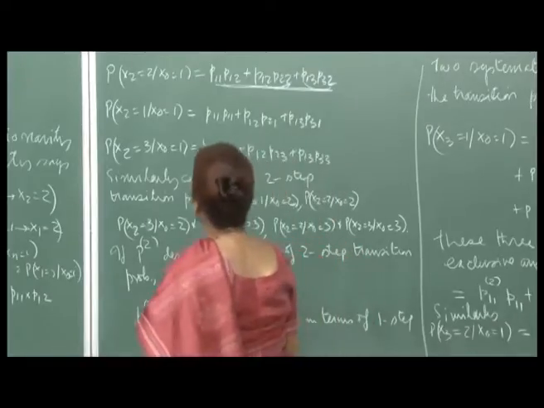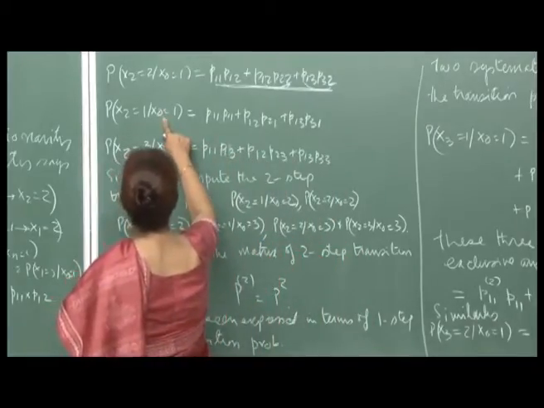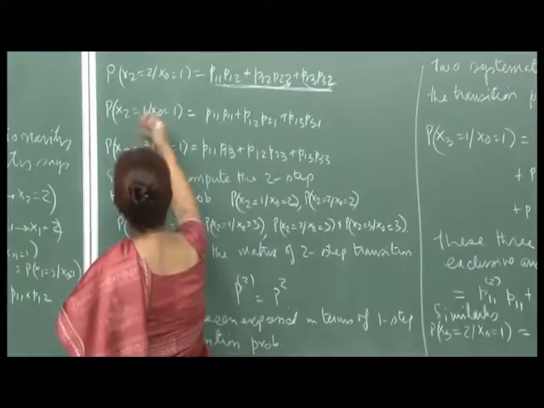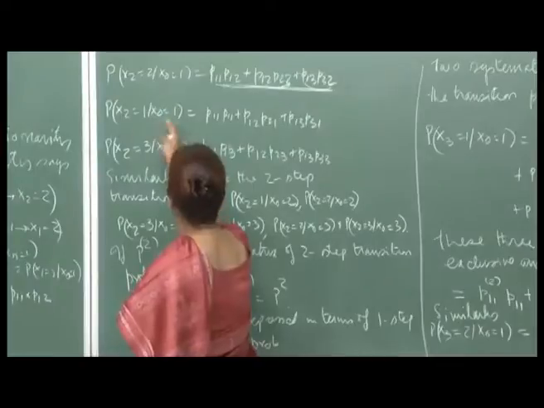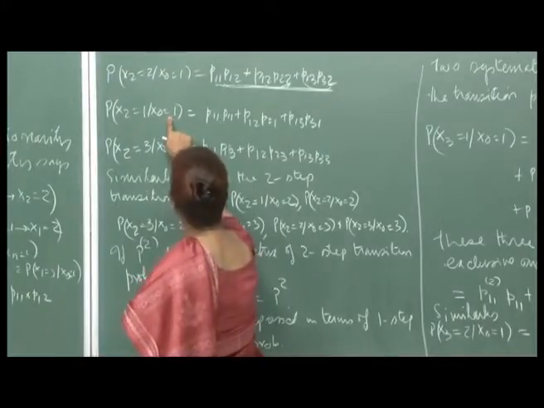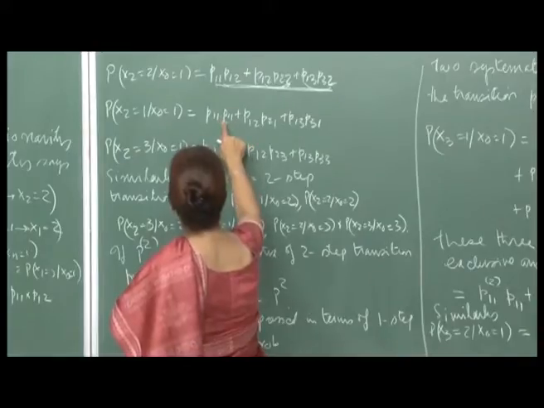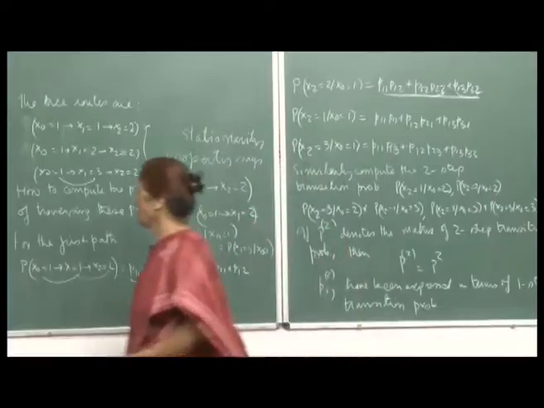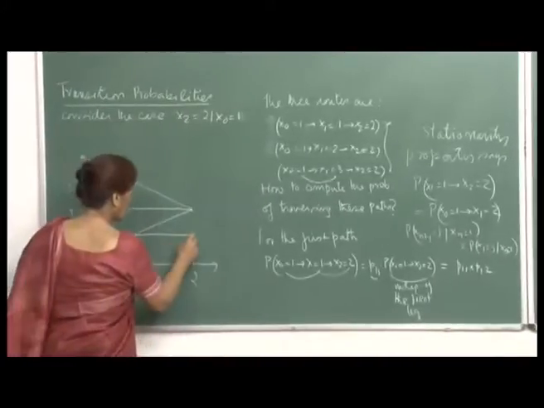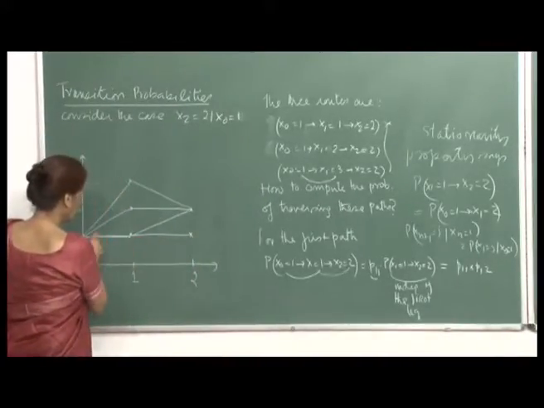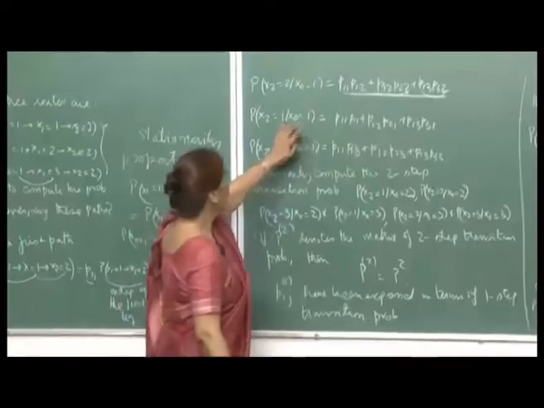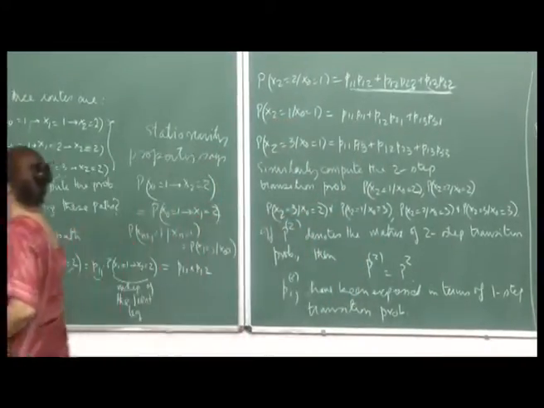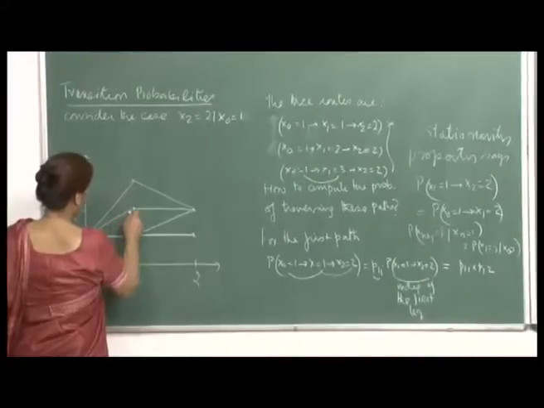Now similarly, when your X_0 is 1 and X_2 is 1, that means in 2 steps you want to transition from 1 to 1. So, again you will have 3 possible such paths. Maybe I will repeat the whole thing, so that there is no confusion. You can go from 1 to 1 and then 1 to 1. The path corresponding to this will be this. And then another possible way is 1 to 2 and then 2 to 1.